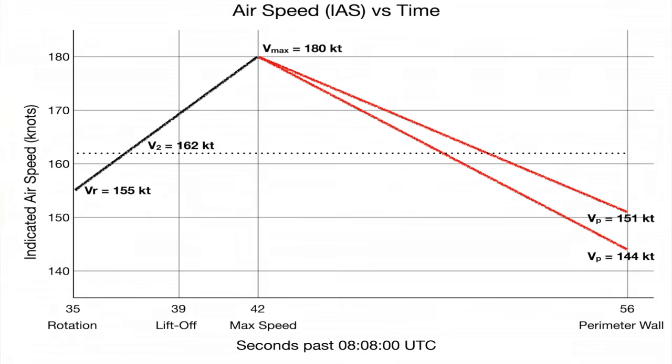Instead, it is losing airspeed and experiencing a degradation in climb performance, consistent with the observation that the aircraft began to lose altitude before crossing the perimeter wall. In other words, within seconds of reaching a speed well above V2, the aircraft transitions from a positive energy trend to a negative energy trend.